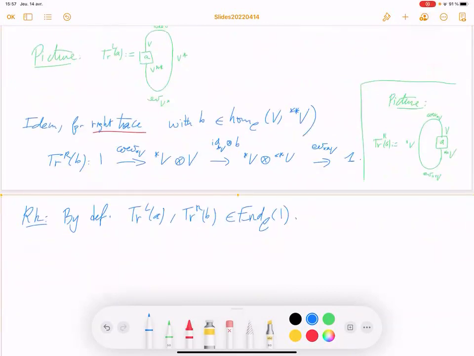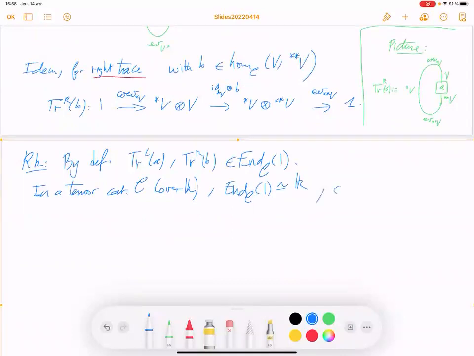So there is a morphism between 1 and 1, but we know that in a tensor category C over a field K, the Hom between 1 and 1 is isomorphic to the field itself. It's one-dimensional.